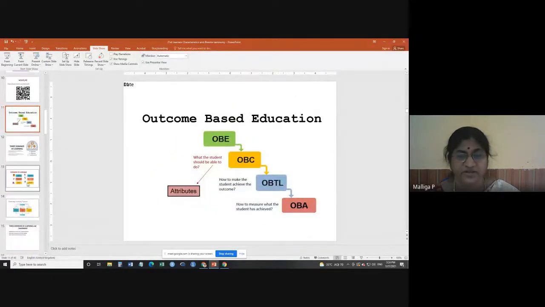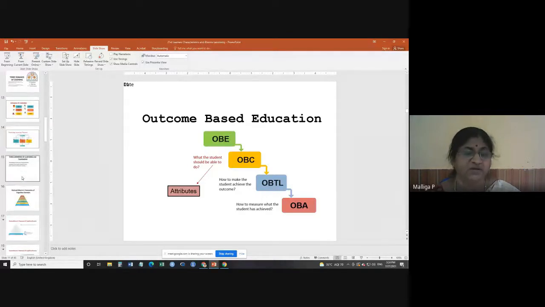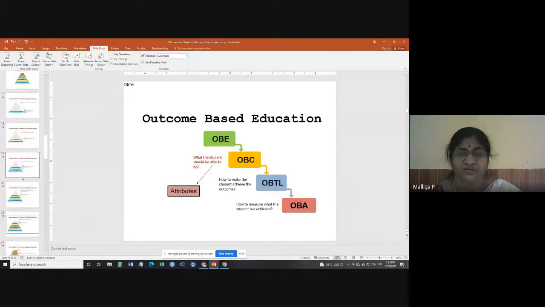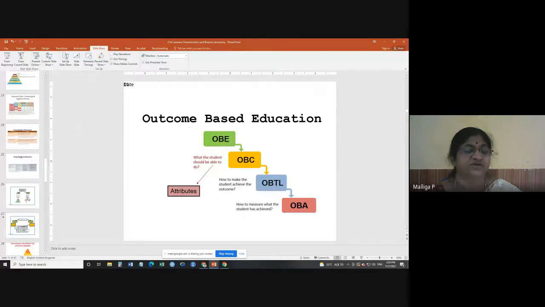What are the three domains of learning, and the taxonomy for each domain? You have seen the revised Bloom's taxonomy, then Krathwohl's taxonomy, and Dave's taxonomy for psychomotor.